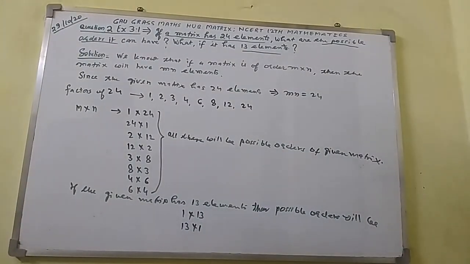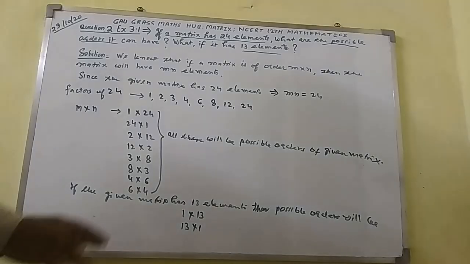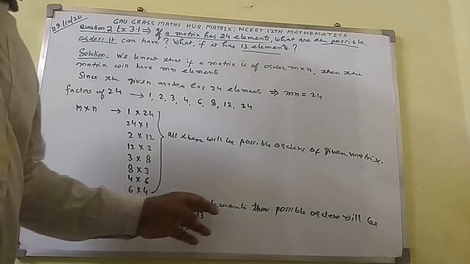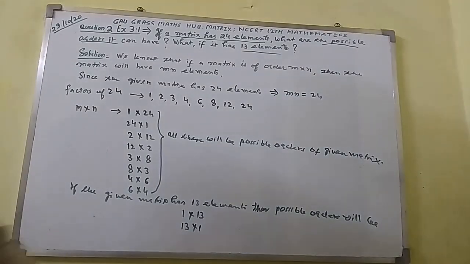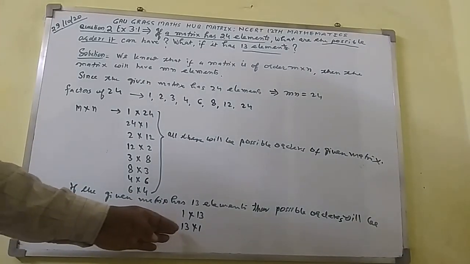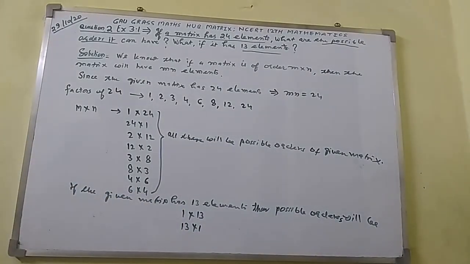That's why if the given matrix has 13 elements, the possible orders will be 1 cross 13 and 13 cross 1. This is the complete solution of question number 2, exercise 3.1, chapter 3 Matrices, NCERT Class 12 Mathematics.